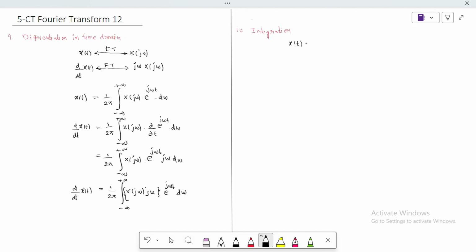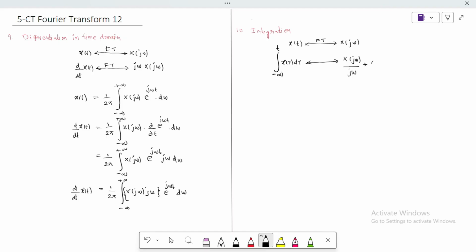If x(t) has Fourier transform X(jω), then the integral of x(τ) dτ from minus infinity to t equals X(jω) by jω, and also, since it is an integration, we should write a constant.